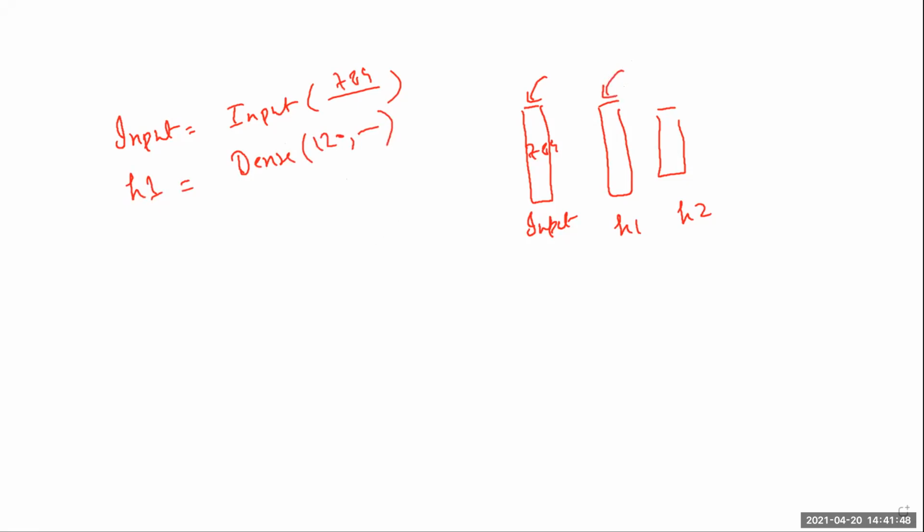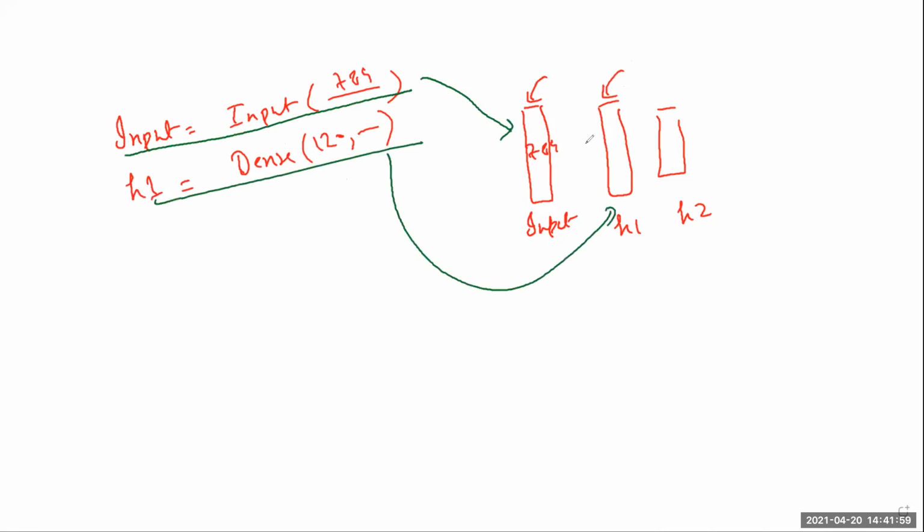Now you see both of these layers are independent. They are not yet connected. For one statement we have created this layer, for another statement we have that one, but they are not connected yet. So how do we connect them? When you are creating this layer H1, you put these parentheses, and within these parentheses, you give the name of the previous layer with which you want to connect it.